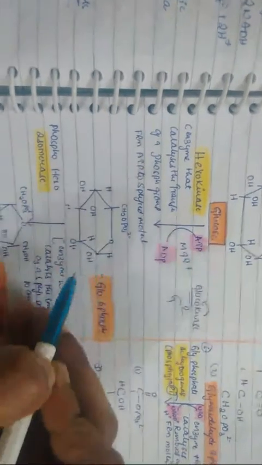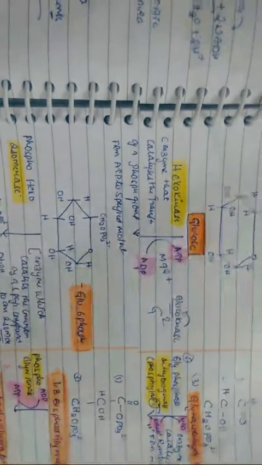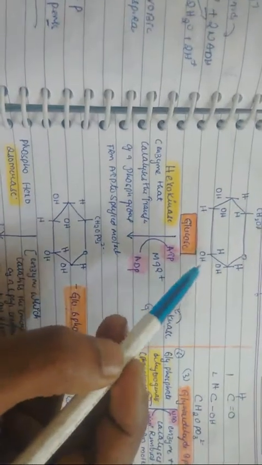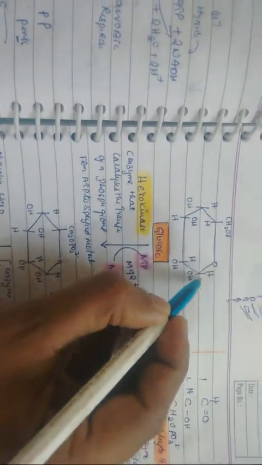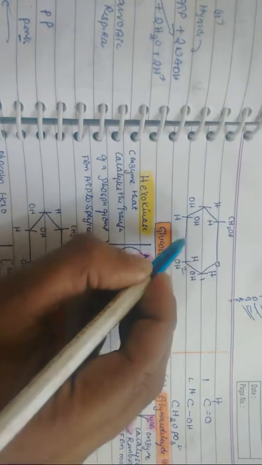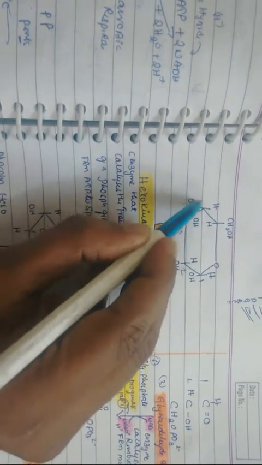Now for the conversion, we know the first part of the mnemonic, that is G square, right? One is glucose and the other is glucose 6-phosphate. Now if you observe the diagram, this is carbon 1, carbon 2, carbon 3, carbon 4 and carbon 5.